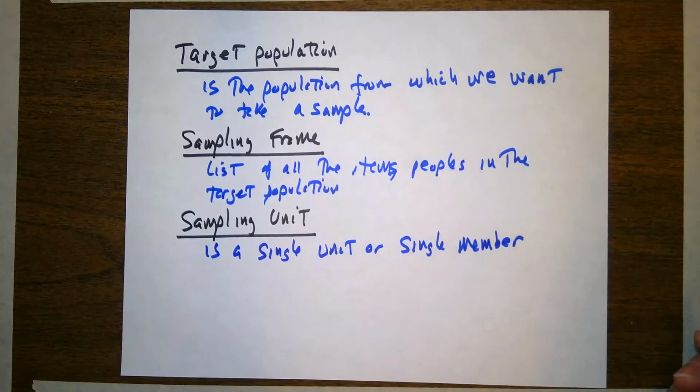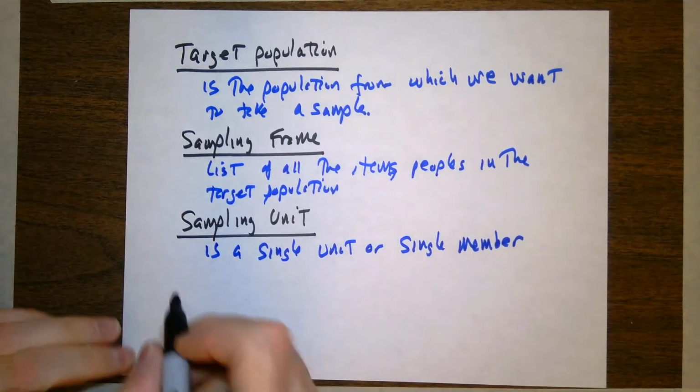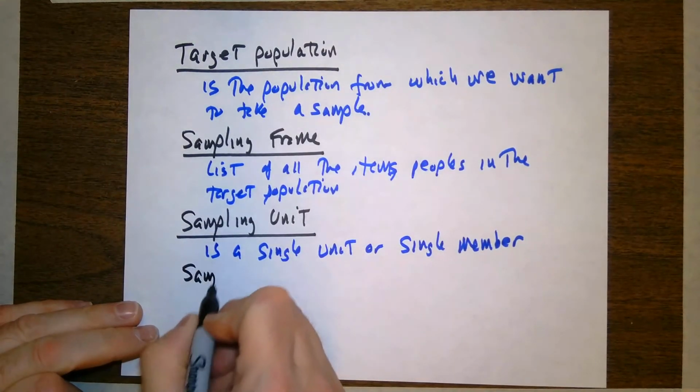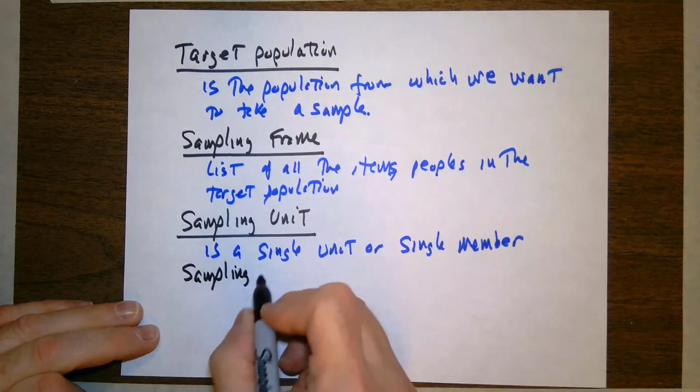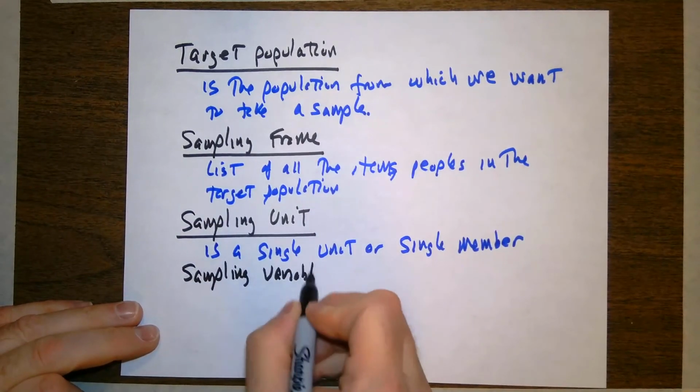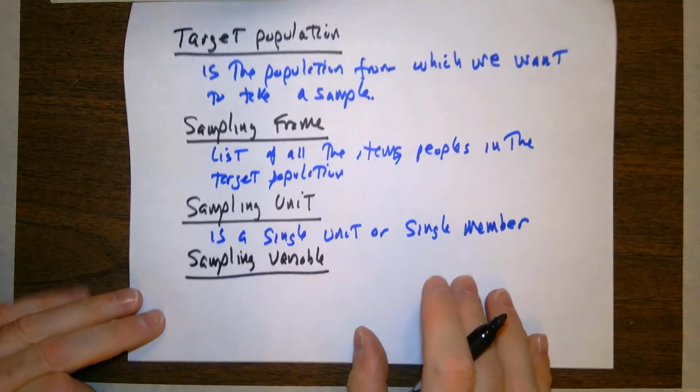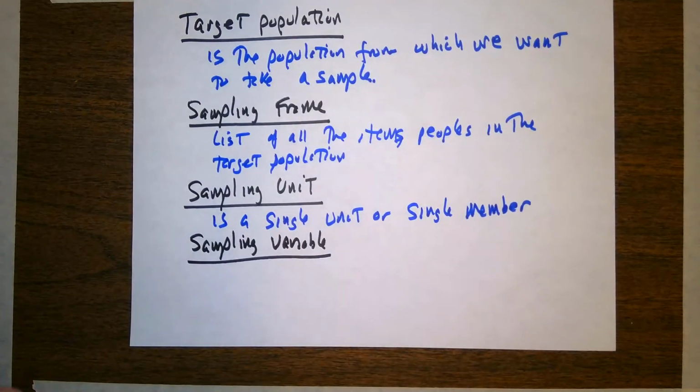One of the items from that list. The sampling variable, that's the variable that's under investigation.